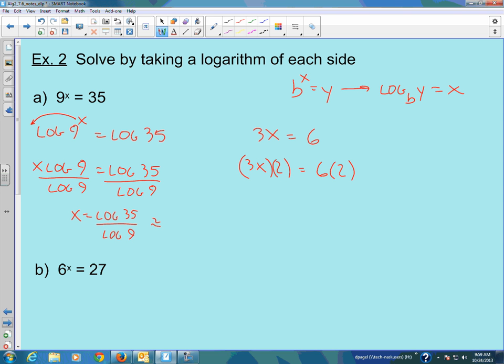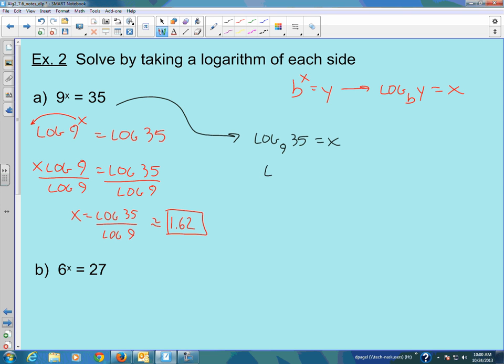So it's a lot like a change of base formula, 1.62. Now, had we done the old-fashioned way, let's convert it from exponential to log form, we'll do that over here. This would have become log base 9 of 35 is equal to x.